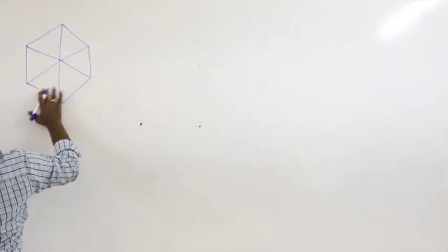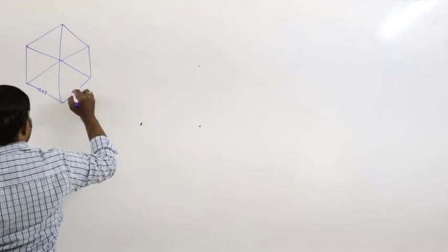In each and every branch the resistance is 2 ohms.